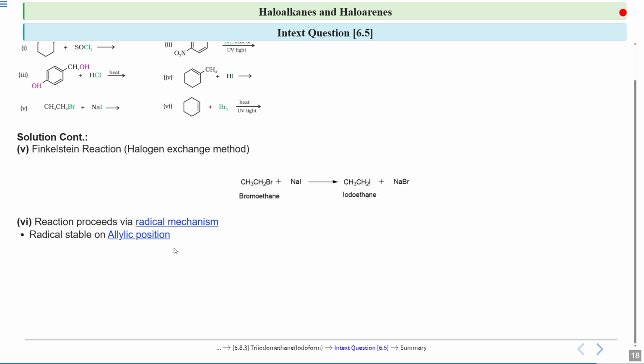The radical, when combining with the alkene, is going to be stable on the allylic position after the formation of the bond. So if you have this cyclohexene ring, this is an alkene, and it is reacting with the bromine molecule in the presence of UV light. This reaction is happening via a radical mechanism. You will get bromine radicals and this bromine radical will be stable on the allylic position of the alkene.